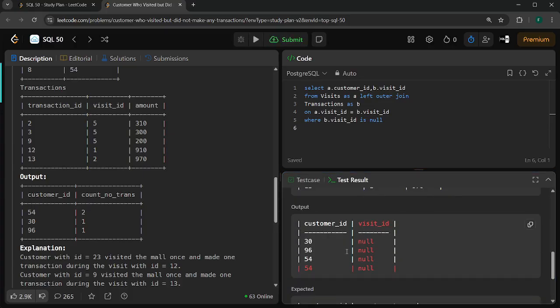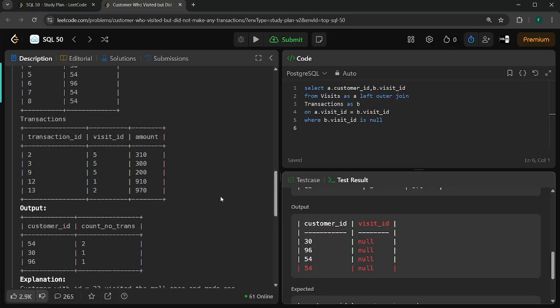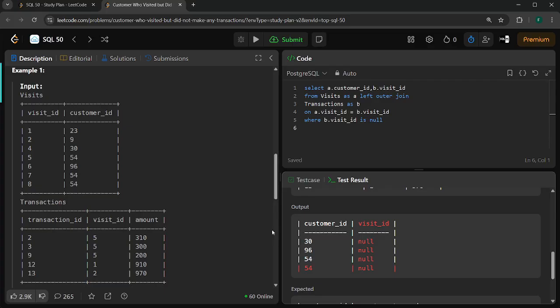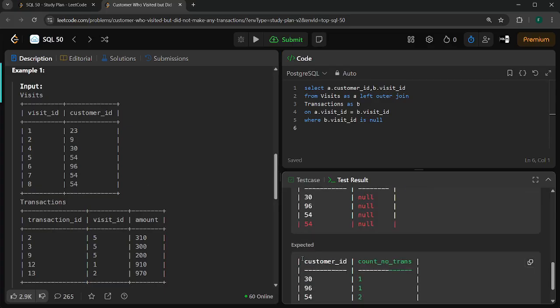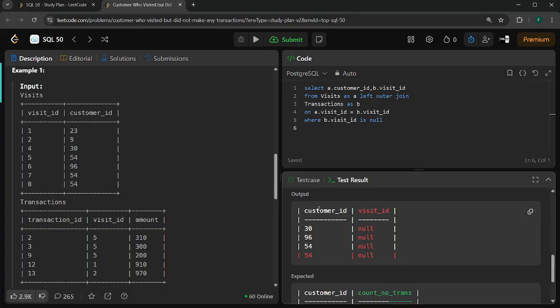We can see that customers 30, 96, 54 have not made any transactions. And if you see, the visit ID is null, meaning even though their IDs are present in the table, they have not made any purchases from the store. They might have visited the store, but they didn't buy anything. So we have got the first part.